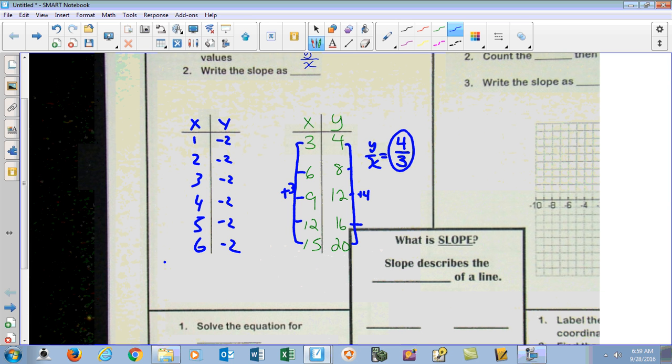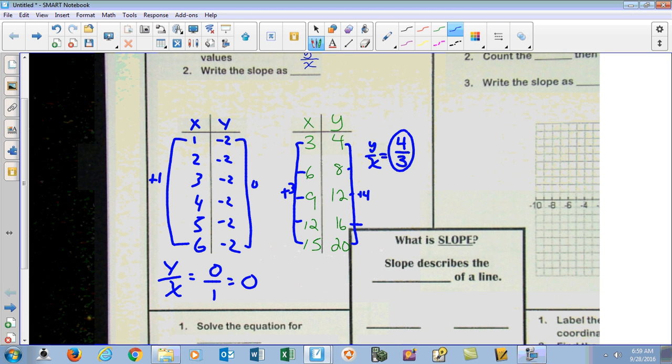Well, think about this for a minute. The constant rate of change from here to here is 1 every time, right? So our x is 1. What's our constant rate of change for our y? There is none, right? It doesn't go up at all. It's 0. So 0 over 1 is 0. Our slope for that table is 0.